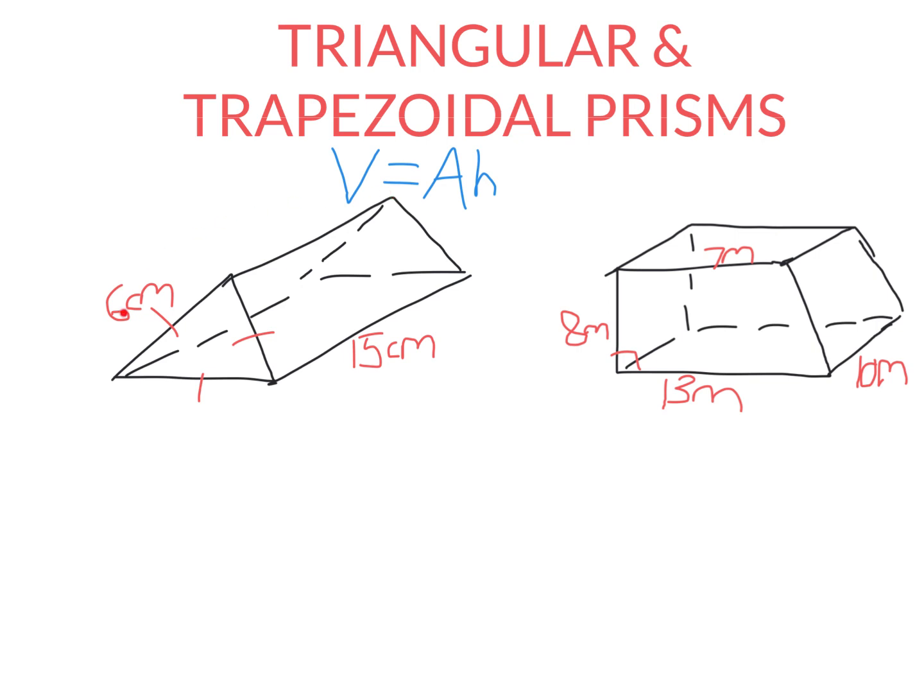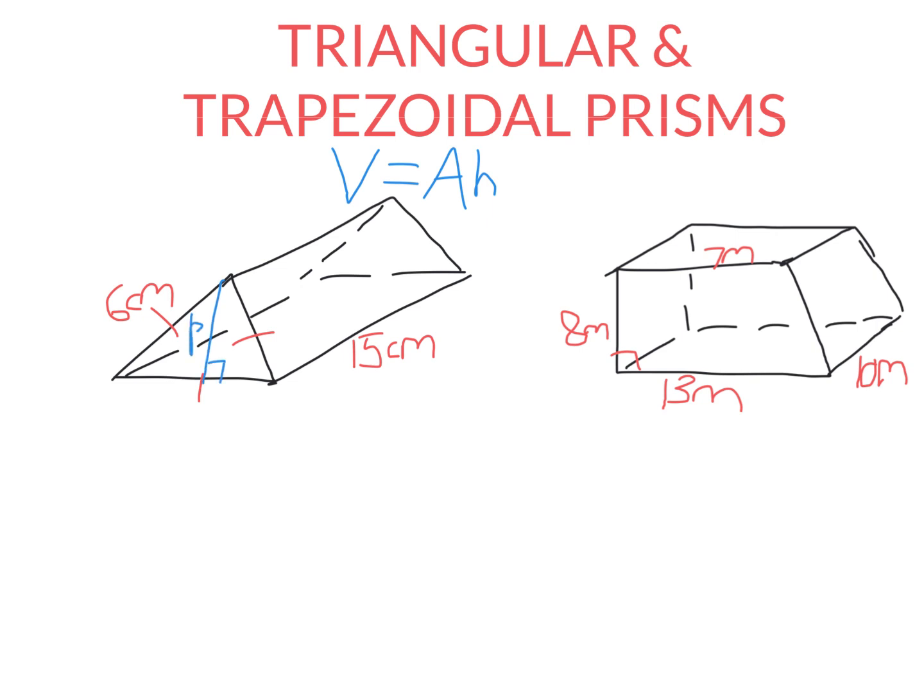So for this triangular prism here, we first calculate the area of the base. Now, sometimes that's not going to be easy. Here we're going to need to use Pythagoras to calculate the area of the triangle. It is an equilateral triangle with side length 6 centimeters, but we need the perpendicular height.